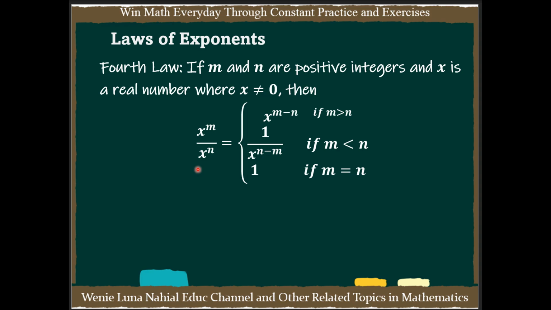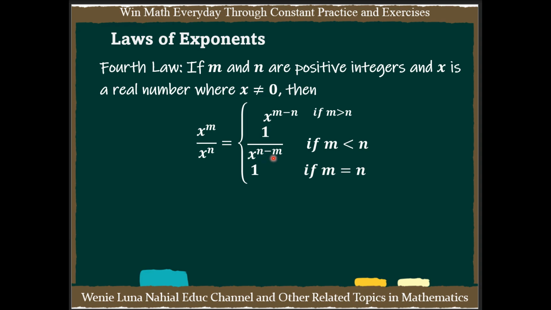In this case, there are three possible results. The first one, if m is greater than n, the result would be x raised to m minus n. So the power of the numerator is subtracted by the power of the denominator.